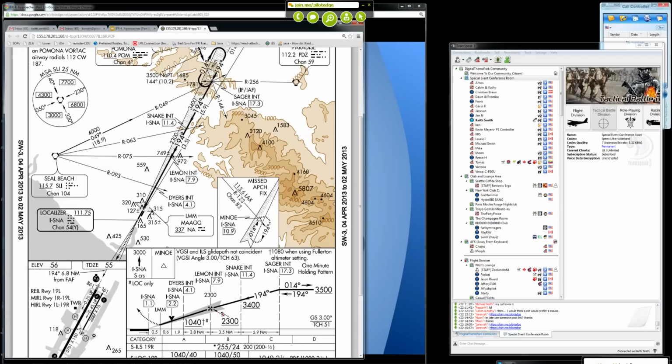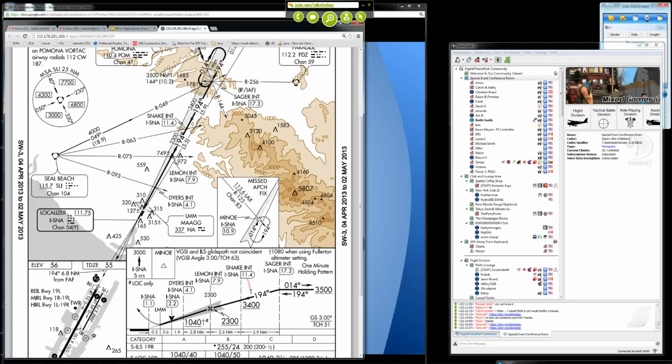We care a great deal about the lightning bolt right here. The fact that the number 2,300 matches the 2,300 here is coincidental. That will definitely not always be the case. So what we're looking for, the lightning bolt represents the glide slope intercept altitude, and it is 2,300 feet.